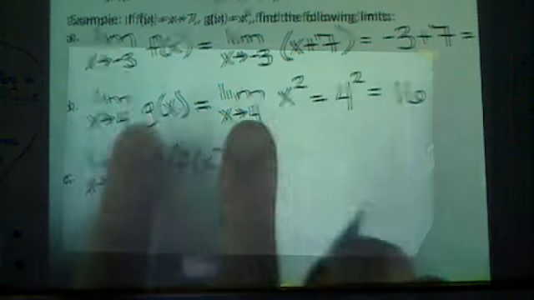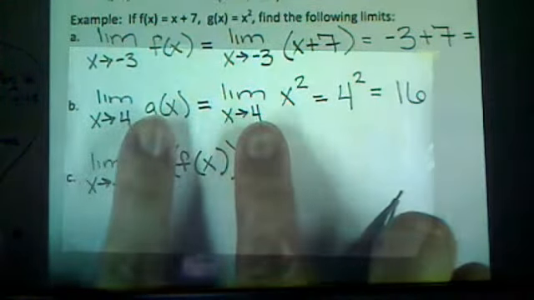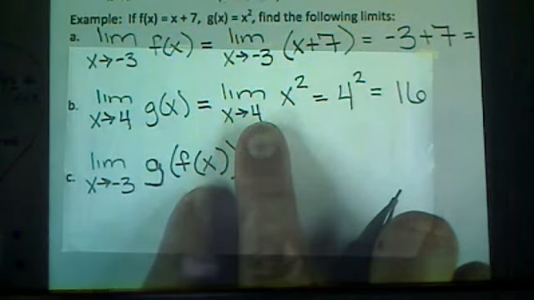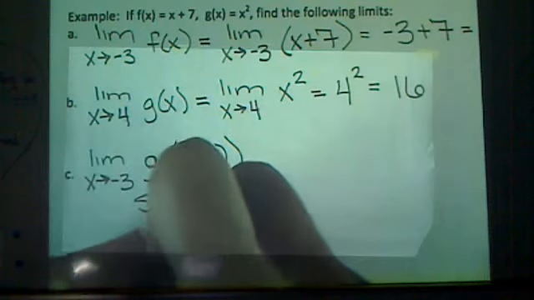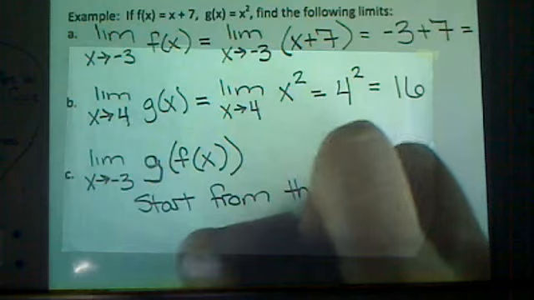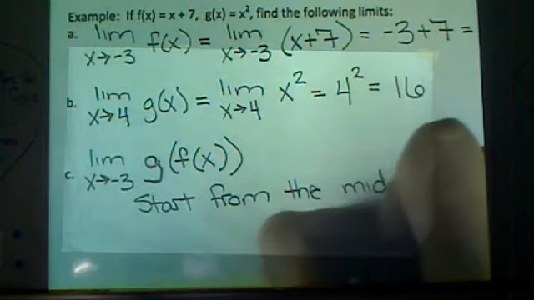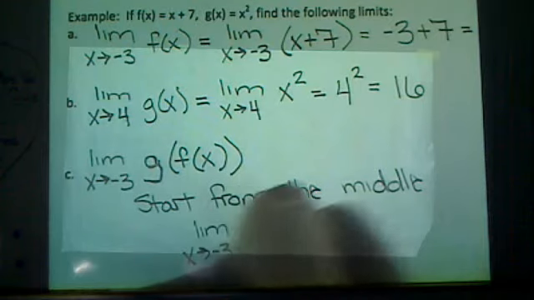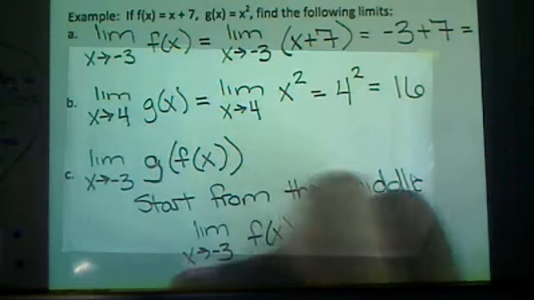Here's the deal. You start with the inside. What is the limit as x approaches negative 3 of f of x? So we start from the middle. The limit as x approaches negative 3 of f of x. Hey, we know that.